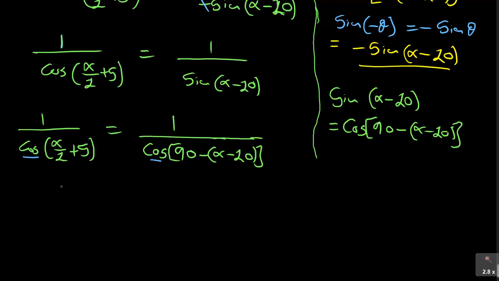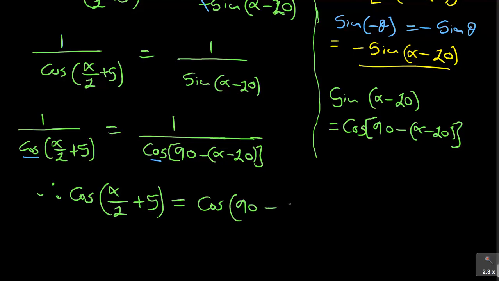Whatever the case, it means cos alpha over 2 plus 5, the denominator, since 1 is equal to 1, is also equal to the denominator, which is cos 90 minus alpha minus 20.